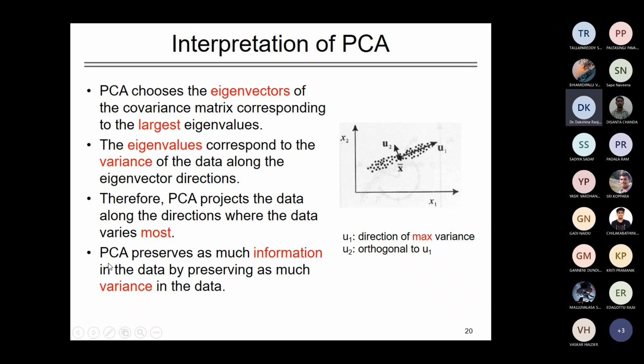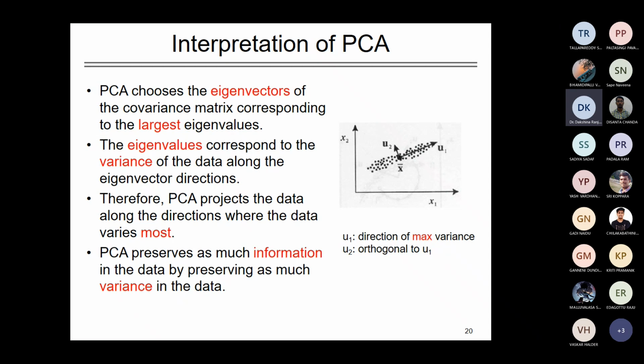Now, principal component analysis preserves as much information in the data by preserving as much variation in the data. Okay, so another objective of principal component analysis is to preserve as much information in the data by preserving the variance in the data.